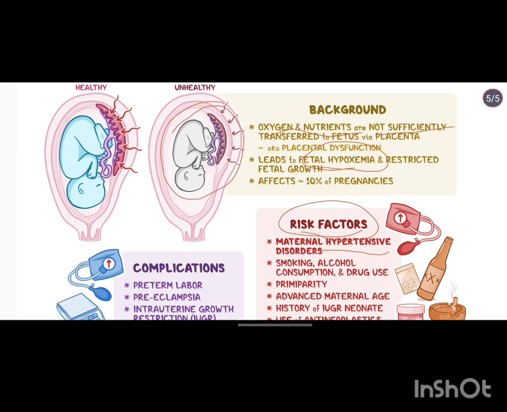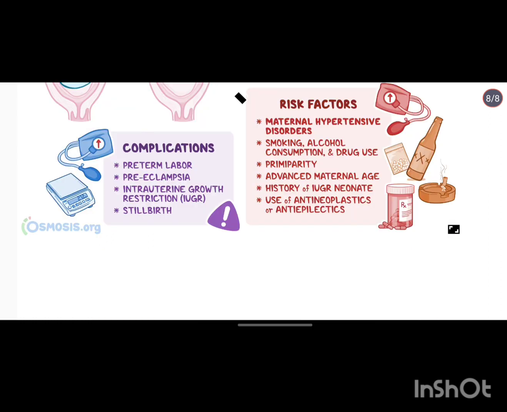It may be because of primiparity, advanced maternal age, and a history of IUGR, that is intrauterine growth retardation, and also the use of anti-neoplastic drugs and anti-epileptic drugs can be one of the reasons for the placental abnormalities.